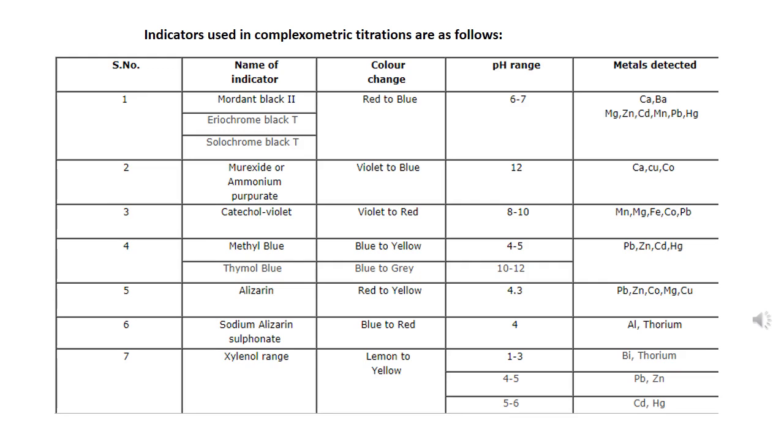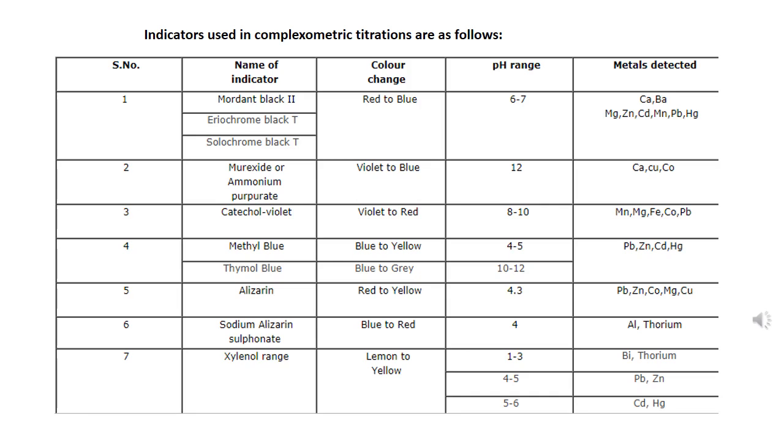The next indicator is catechol violet, and its color changes from violet to red when complexes form. Complex formation takes place at pH 8 to 10, and metals that can be detected are manganese, magnesium, iron, cobalt, and lead.